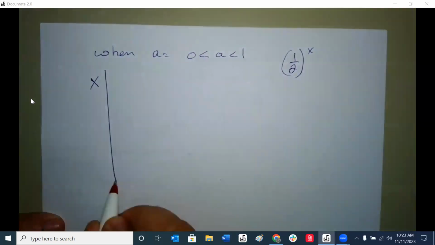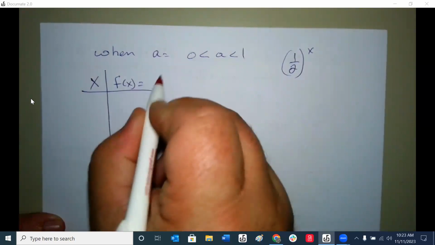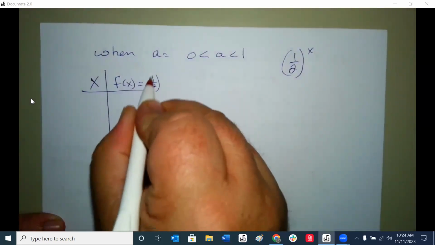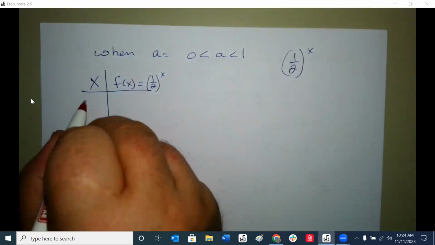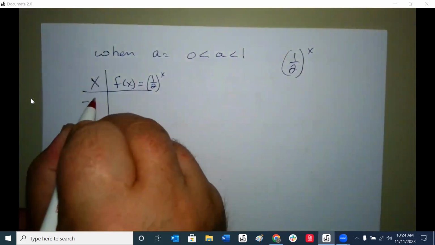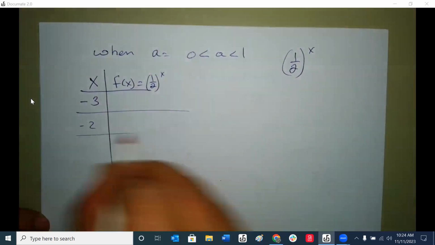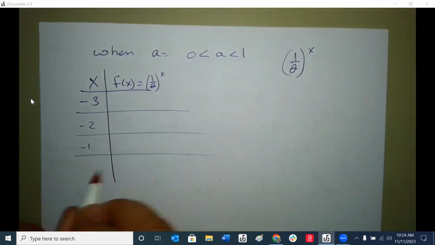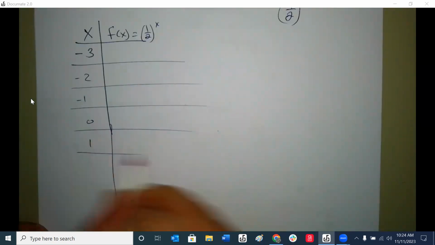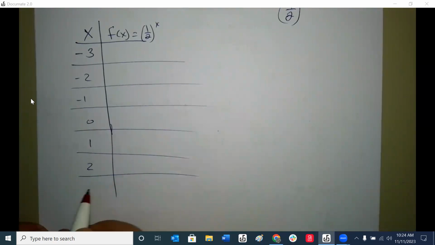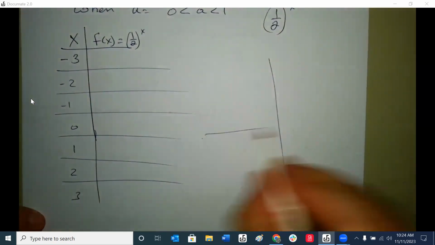So let's look at the graph of this one, 1/2 to the power of x. We'll do the same things here. So we have -3, -2, -1, 0, 1, 2, 3. And then we'll draw the graph.